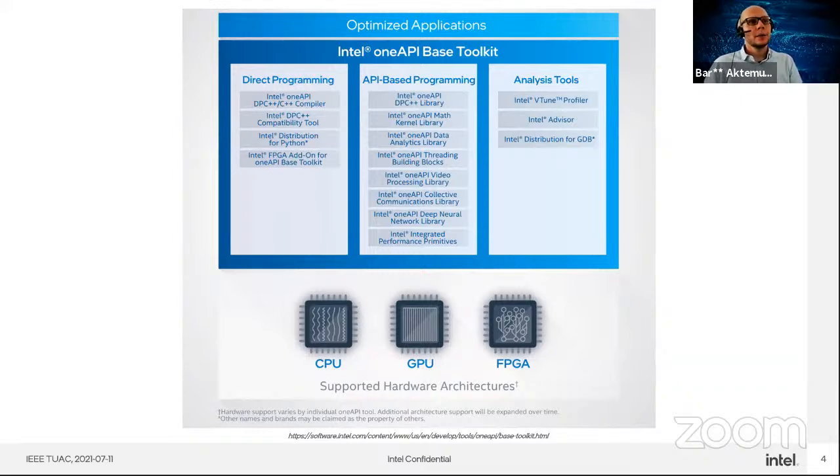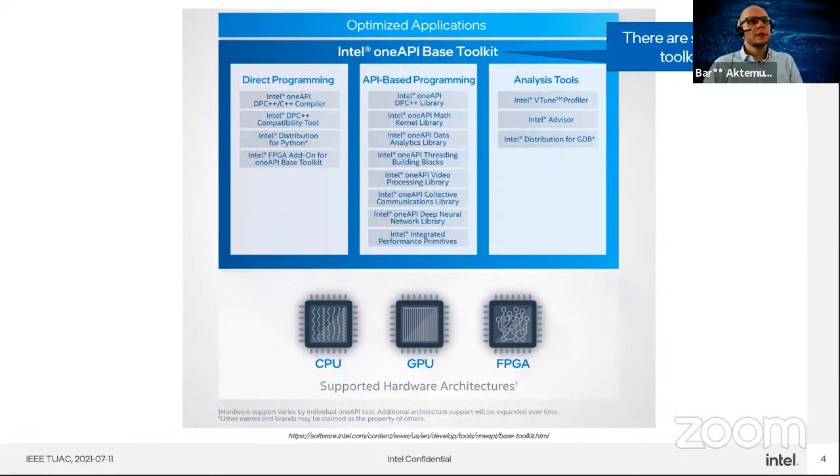Using these libraries and the API that the libraries provide, the users can implement solutions for their problems. And it also provides analysis and debugging tools such as vTune, Advisor, and Intel's distribution for GDB. There are several other toolkits too. Here I just gave the base toolkit as an example.